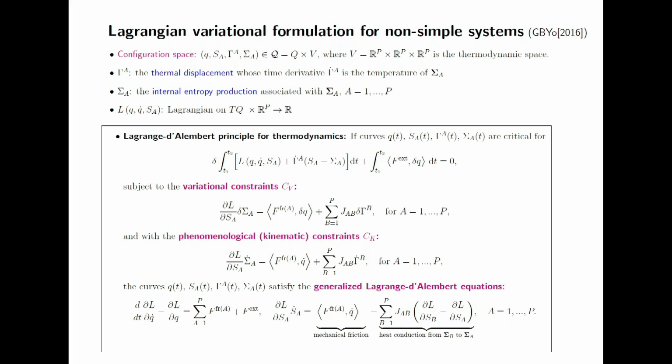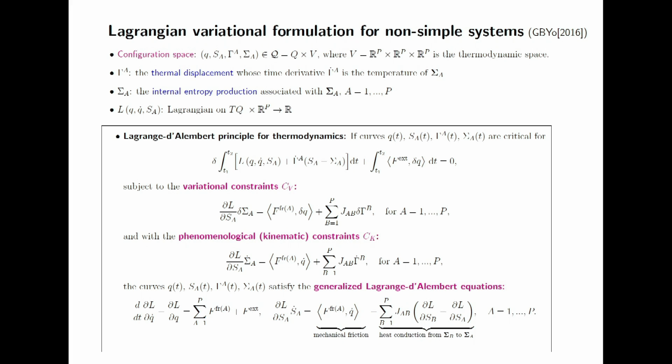Extended means that V is RP times RP times RP. The first slot is the space for the entropy, but the second and third RP denote the spaces for the thermodynamic displacement and the internal entropy production. The time derivative of the thermodynamic displacement is nothing but the temperature of the subsystem.